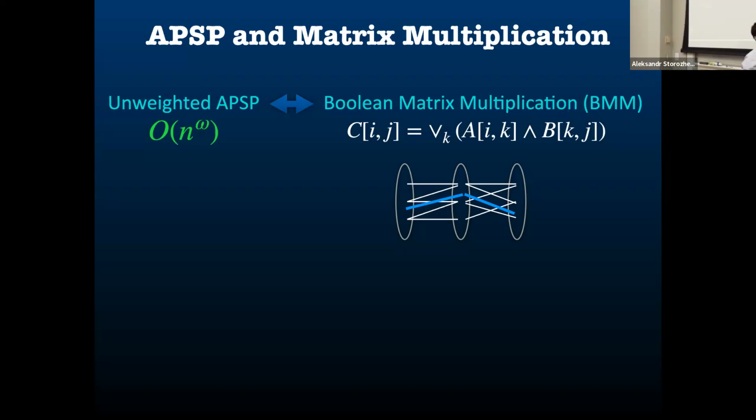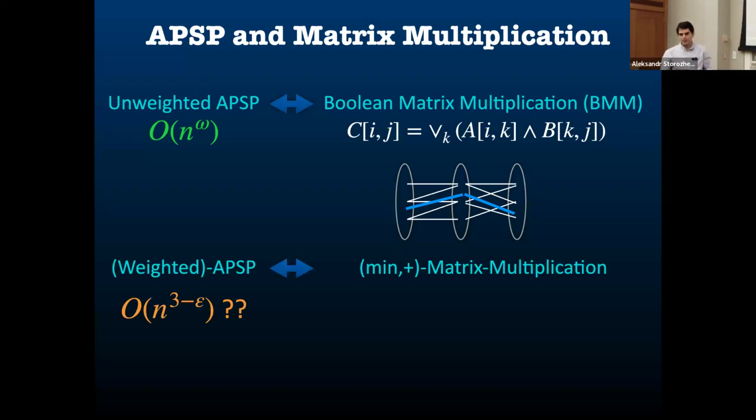The problem is equally hard if your graph is just 3 layers. When you have 3 layers and it's unweighted, and you just want to figure out if the distance is 2 or not 2, that's exactly Boolean matrix multiplication. For every i and j, you're asking, is there a k such that they're both 1? That's in the unweighted case, and we can solve it in n^omega, or subcubic time.